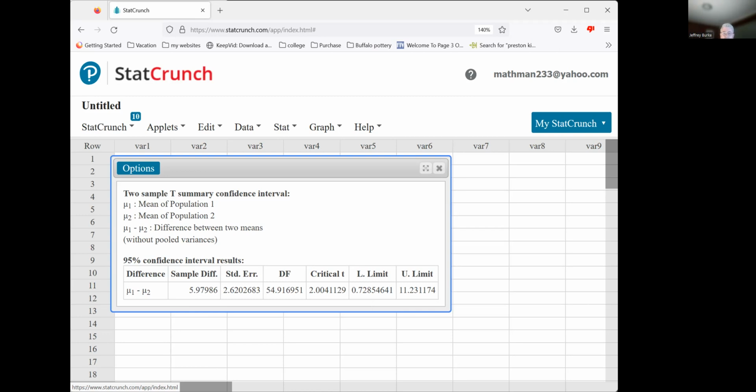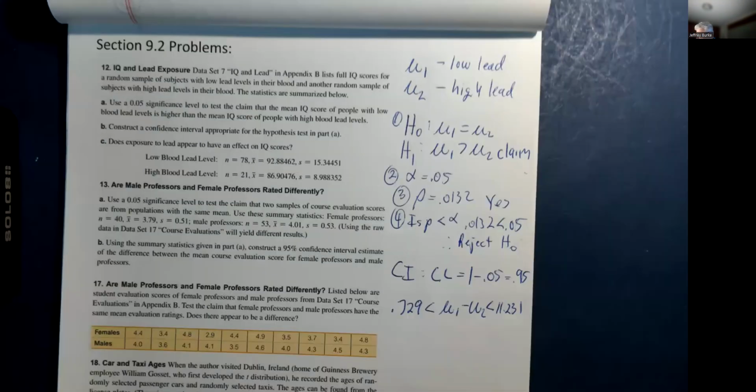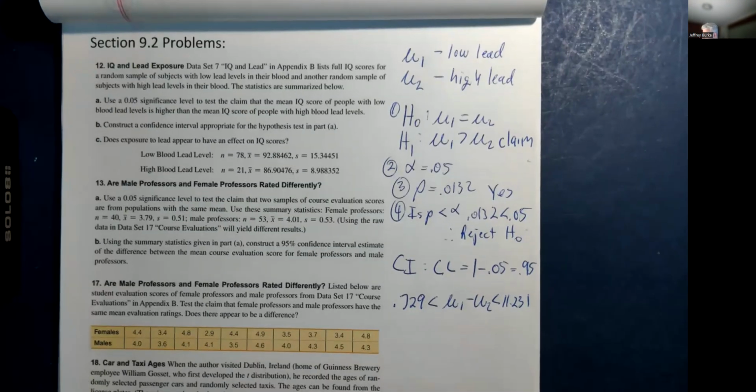I'm going to go ahead and show this here. Okay, so let me adjust this like this. Here's our confidence interval.